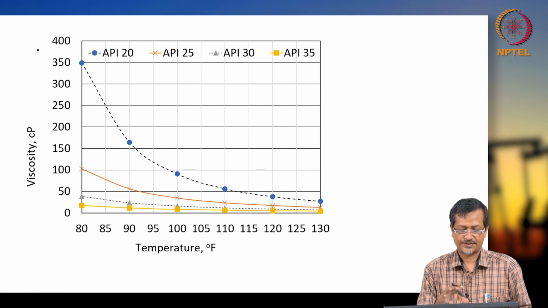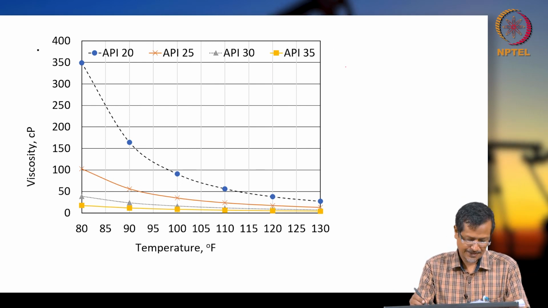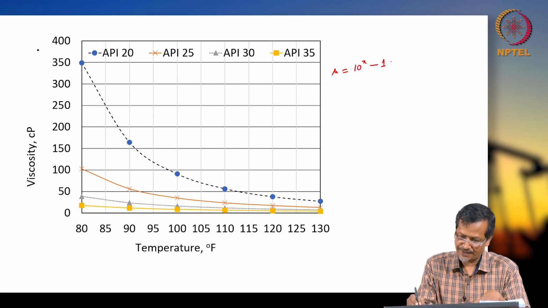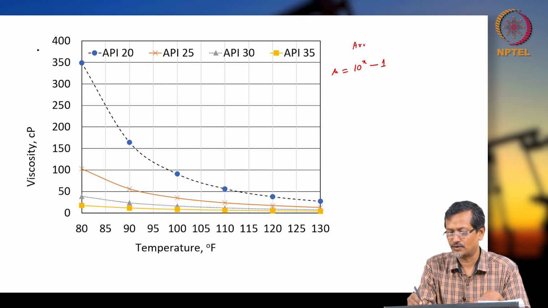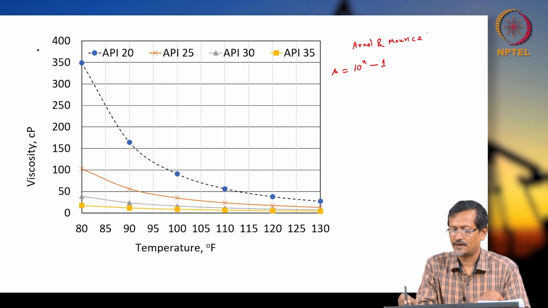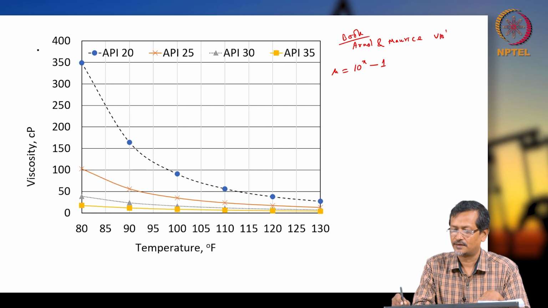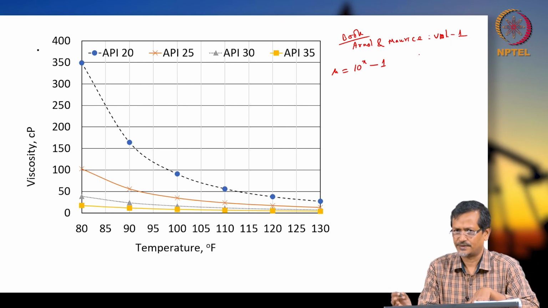Here, I have drawn this table from the formula. The viscosity and temperature relationship is: mu equals 10 power x minus 1. This formula is given in the Arnold and Morris book, volume 1, I think chapter 2, you can check.